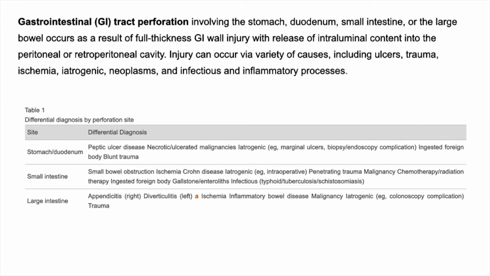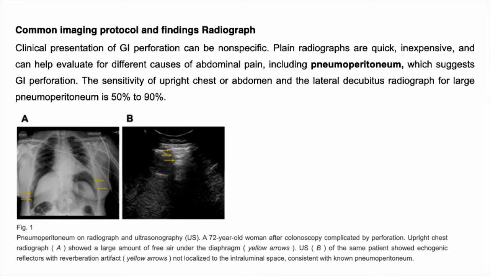Usually, you are seeing a lot of these in your OPD. So in this case, you have to request a chest X-ray and ultrasound at the same time. With the ultrasound, we are able to localize the intra-abdominal fluid, and also we are going to see different signs of the intra-abdominal air.